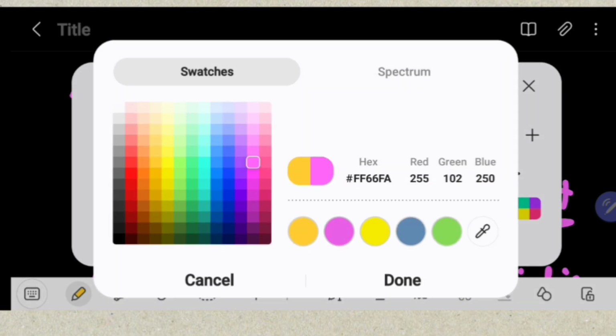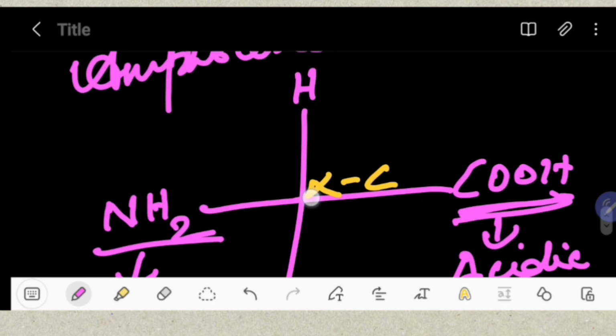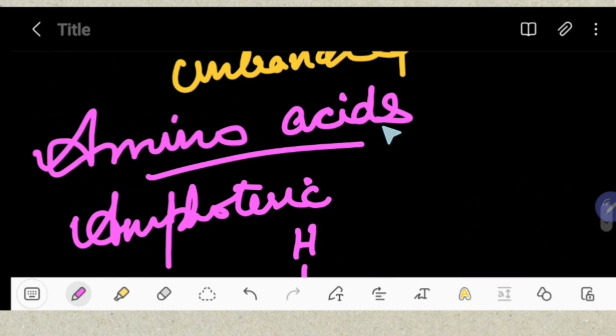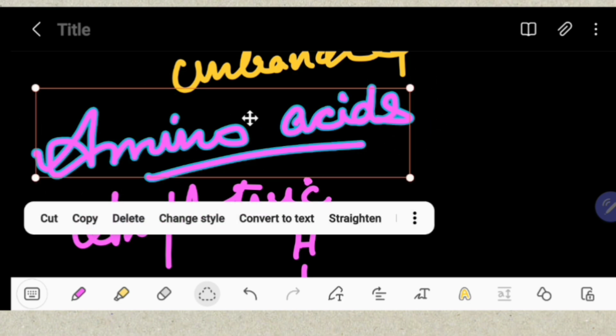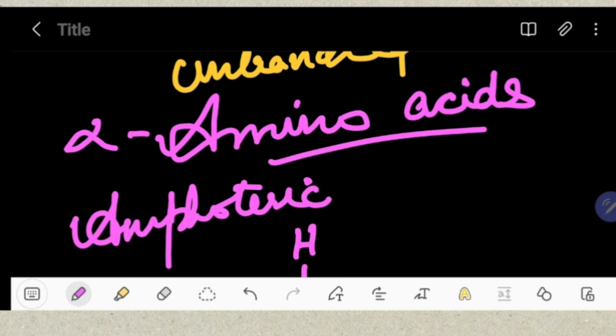Both COOH and NH2 are present on the same carbon, and that is your alpha carbon. So you can also call this amino acid an alpha amino acid.